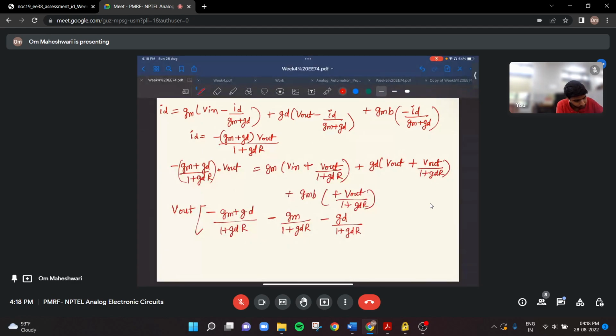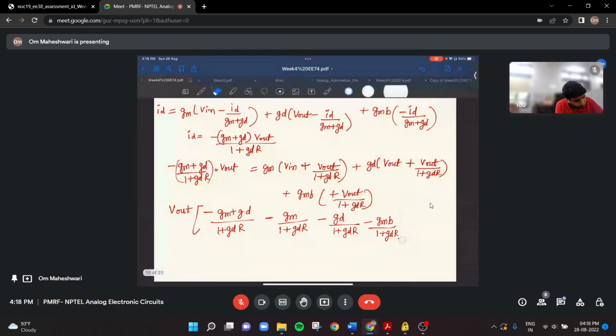So we have taken care of this term. This one is remaining, GD minus GD equals GM times VM. Okay, so it is fairly complex now.